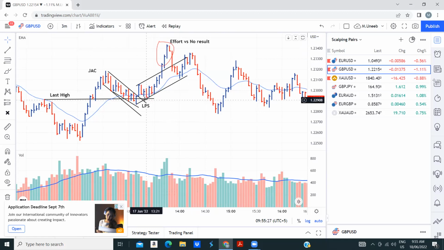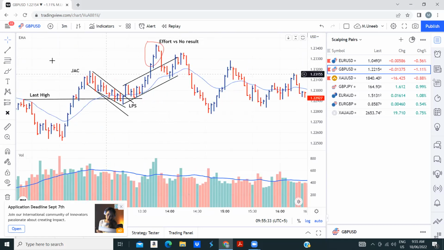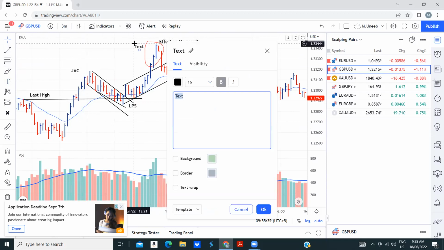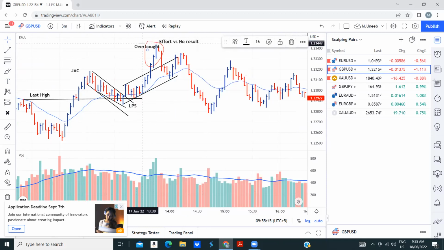So this tells you about what? Now we have observed overbought, right? We have effort versus result action over these bars. This is overbought and this is what? Buying climax.